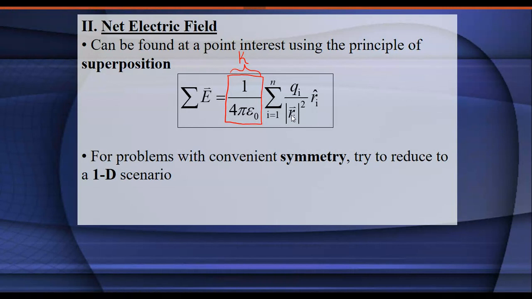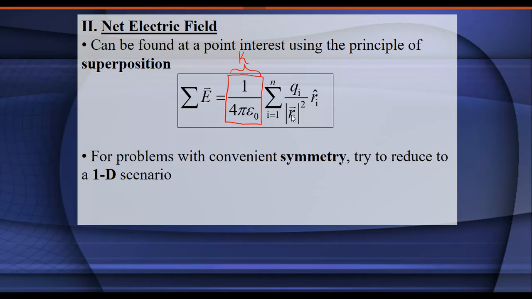Now, it turns out that most of our problems are actually not going to be in three-dimensional space. And if problems are not in three-dimensional space, it's a lot easier if we do not deal with unit vectors and three-dimensional math. In fact, even two-dimensional scenarios are generally not ideal.